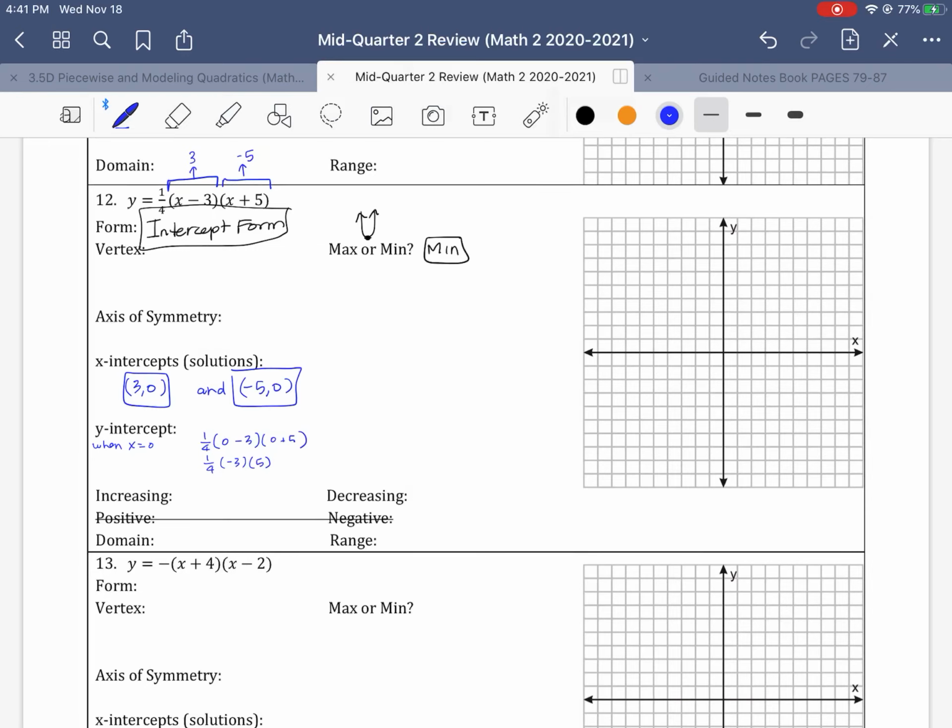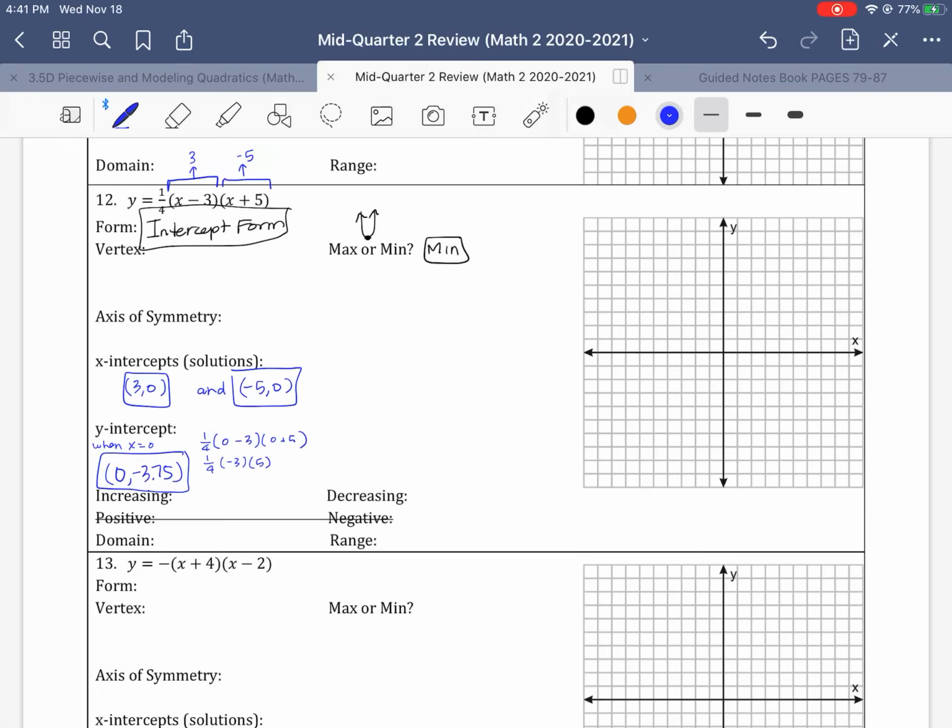So this is really 1/4 times, and we have negative 15 there. So 1/4 of that would actually be (0, -3.75). So that's our y-intercept.